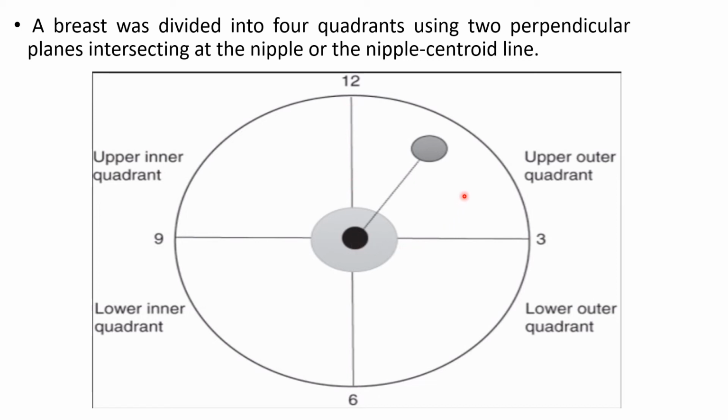This is called the upper outer quadrant. This is the lower outer quadrant. This is the lower inner quadrant and this is the upper inner quadrant. Above the nipple, upper quadrants, outer and inner, and below the nipple, lower quadrants, outer and inner.